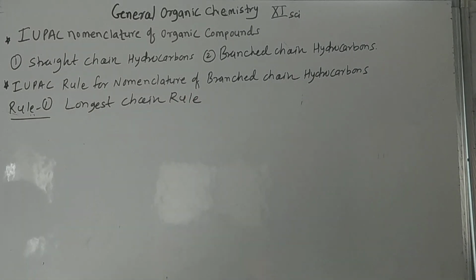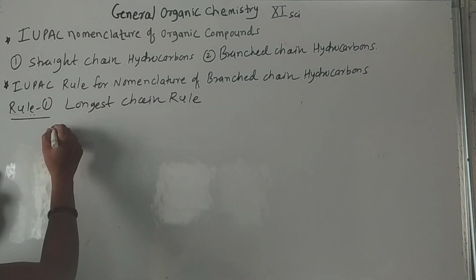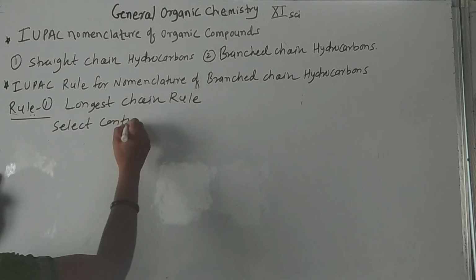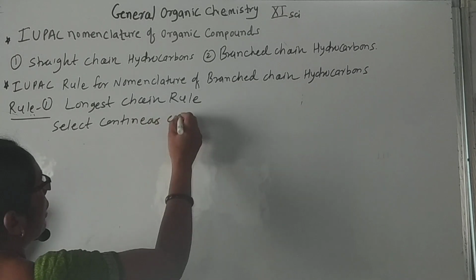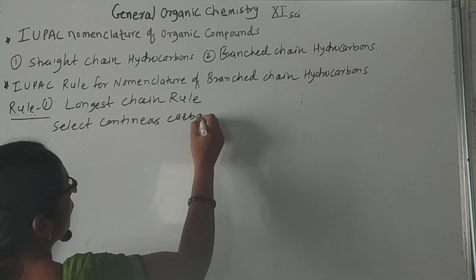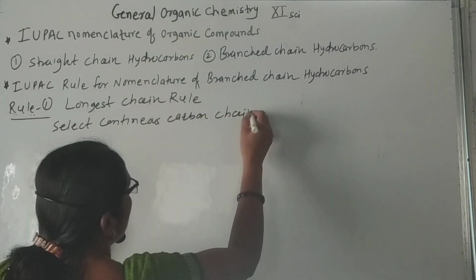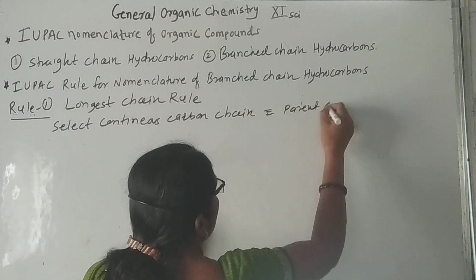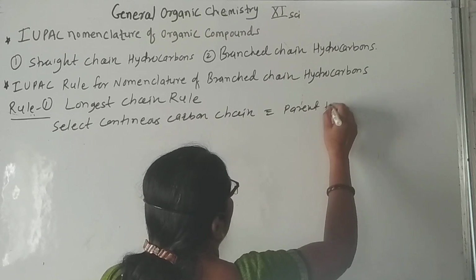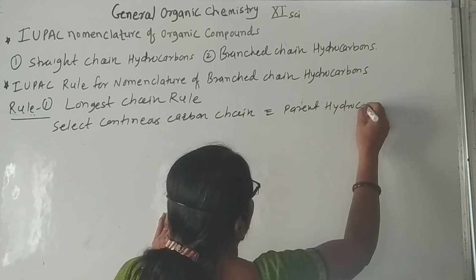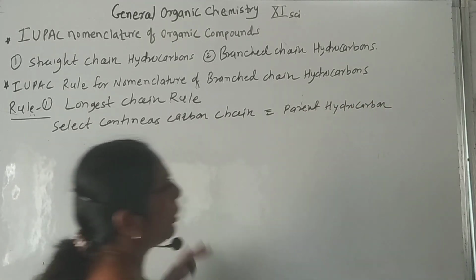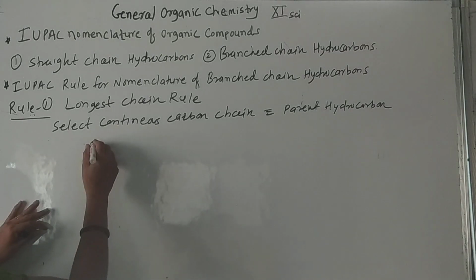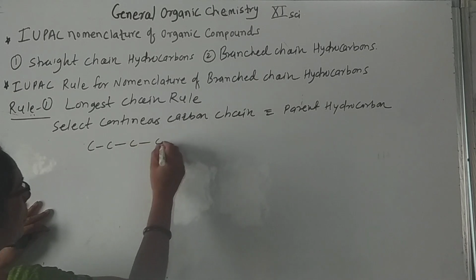According to this rule, we have to select the longest continuous carbon chain as the parent chain or parent hydrocarbon. Whatever the organic compound, we first have to select the longest continuous carbon chain, and that is your parent hydrocarbon.